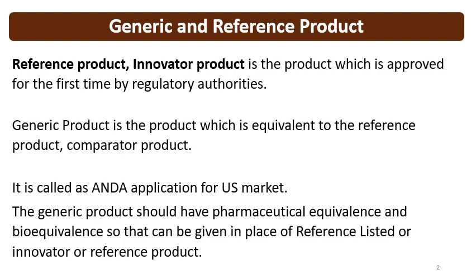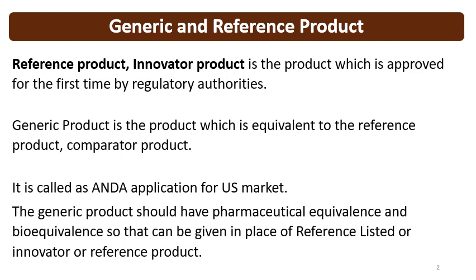A generic product is equivalent to the reference product, comparator product or RLD. For the US market, the generic application is known as ANDA, that is abbreviated new drug application, and the reference product is known as NDA, that is new drug application.